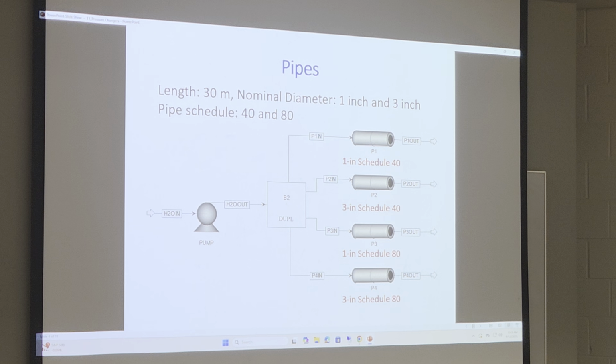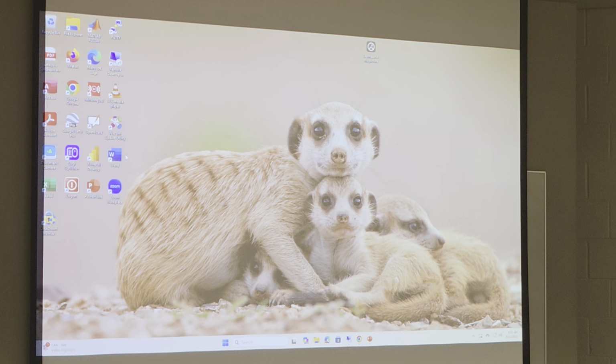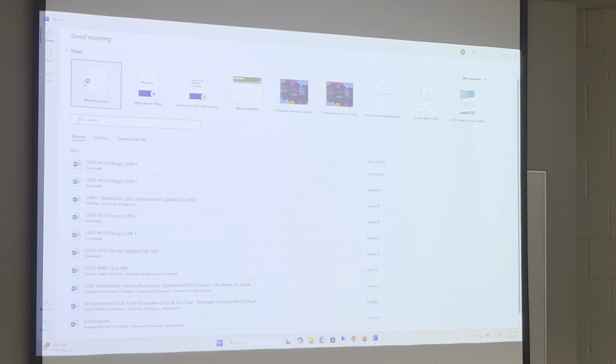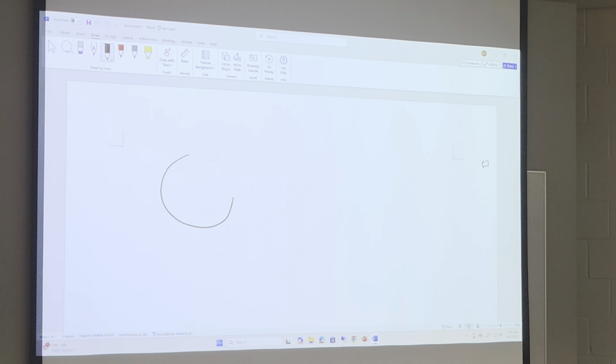If I talk about 1 inch schedule 40 and 1 inch schedule 80, then the inside diameter is different. Let me explain a little more clearly so that you can have some idea. We have a piping system, so we have a pipe here.